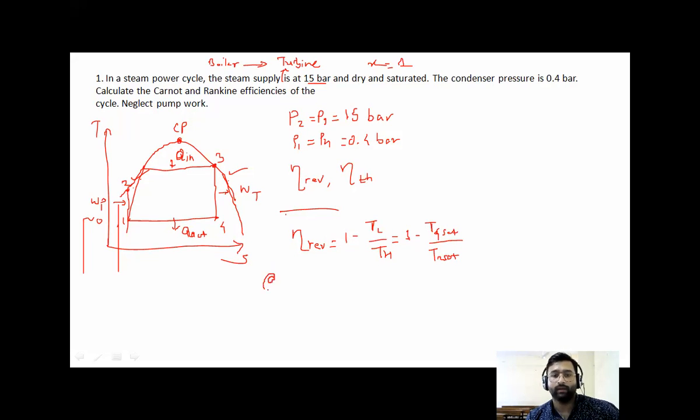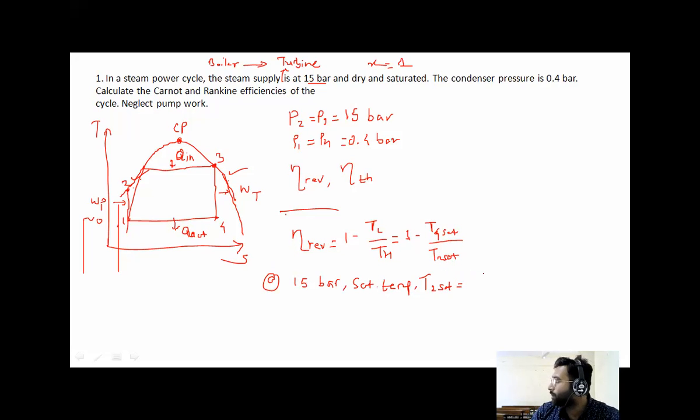Now here you have to calculate the saturation temperature at the respective points. So what is the higher pressure? 15 bar. At 15 bar, what is the saturation temperature, T2 saturated? Go to the steam table, go to the 15 bar pressure table and tell me the value of saturation temperature.